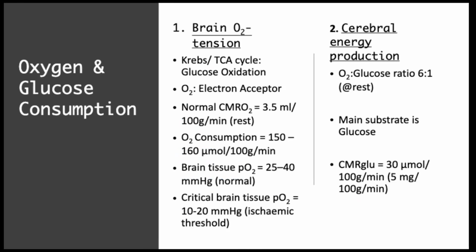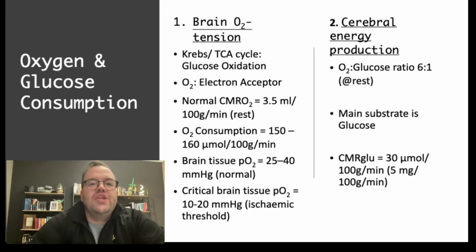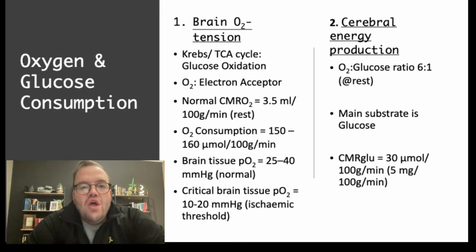When we look at oxygen and glucose consumption, the first thing to be aware of is that glucose is the primary energy source for the brain. The brain cannot use fatty acids, the brain cannot use amino acids, the brain can only use glucose, and then secondarily it can use ketones. Now the brain does like ketones, and that's a topic for a different day, but predominantly the brain relies on pure glucose.